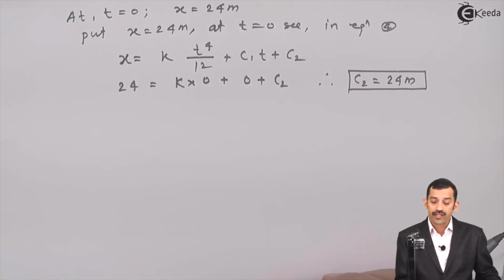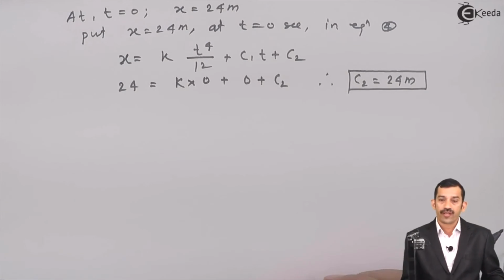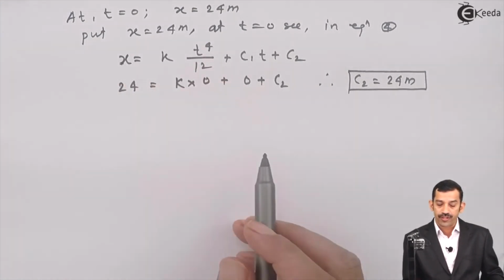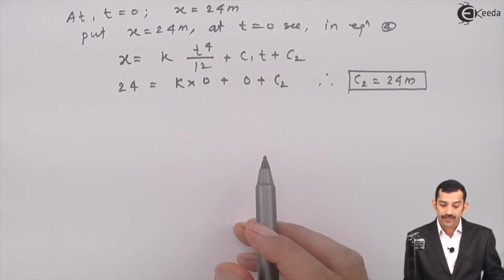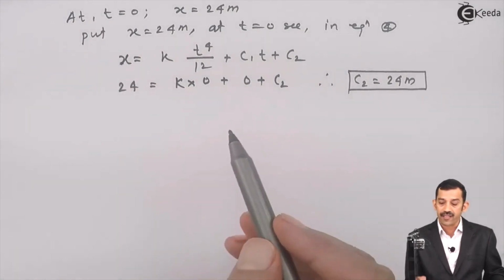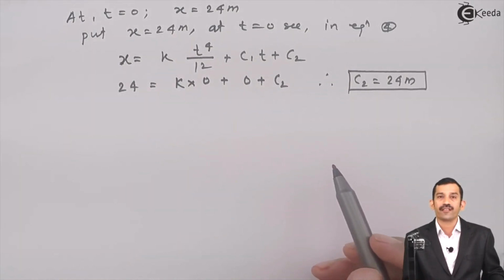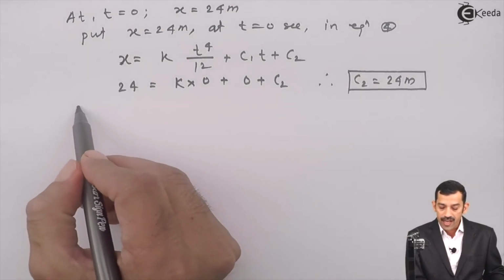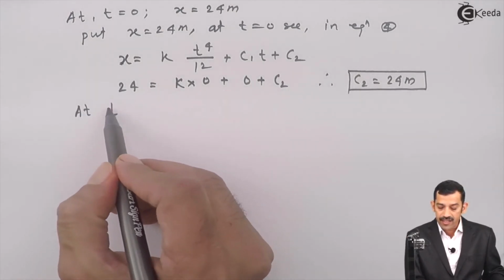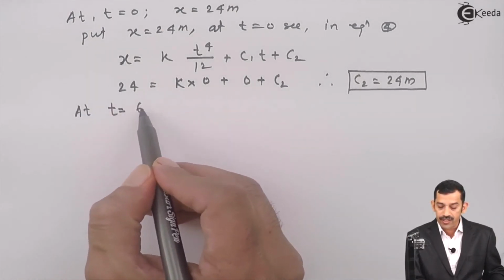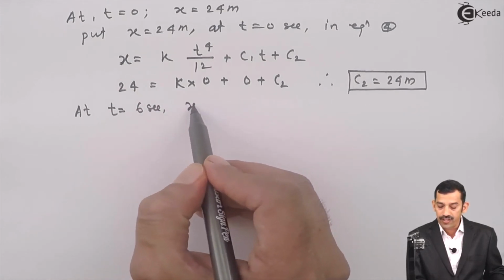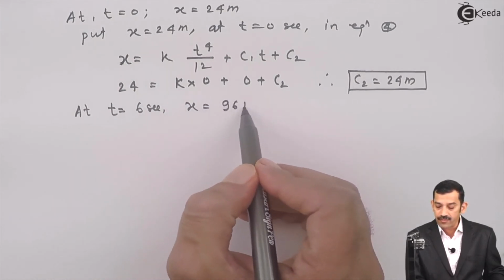That means you get c2 by substituting the initial boundary condition. One more piece of data is known at some other time instant. At t equal to 6 seconds, the position given is 96 meters.